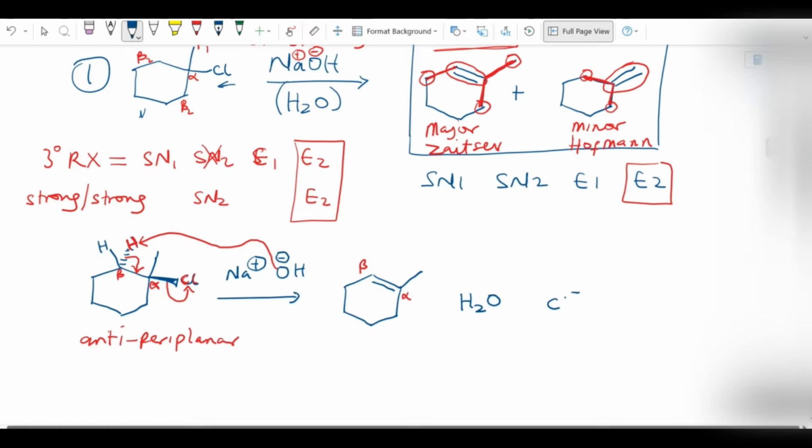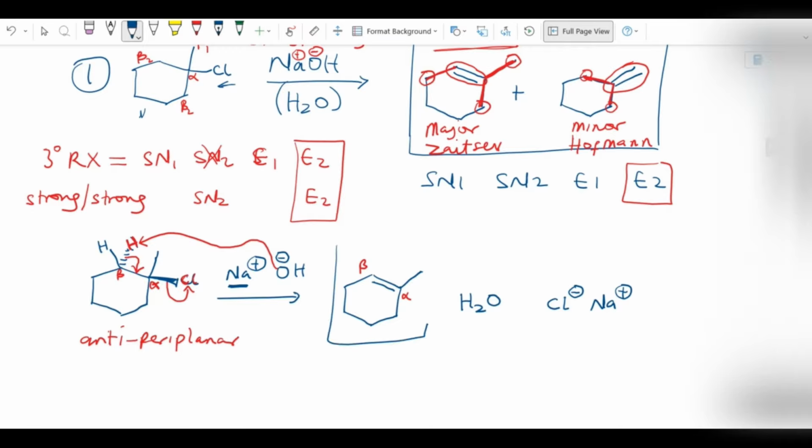And also we will have the chloride ion, which is the leaving group. The sodium cation will be attracted to the anion. And this would be the E2 mechanism for this reaction. So this mechanism shows how a Zaitsev product or major product is formed.